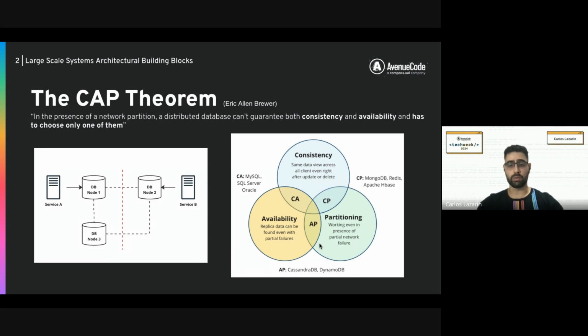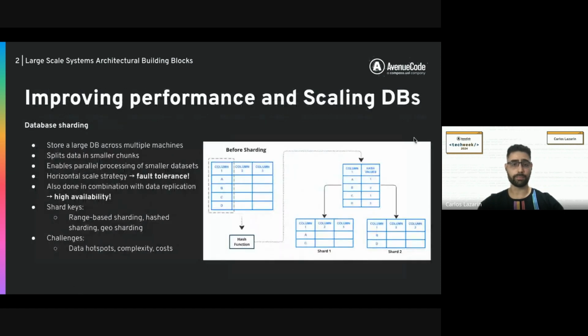You can go to Cassandra DB or DynamoDB. Those DBs provide this kind of feature for us, high availability and partition tolerance. But if you want consistency and partition tolerance, you might need to choose MongoDB and Redis or Apache HBase, because, okay, if you lose a node, in this case, you might need to wait a little bit to have this node back in order to have the most updated data again, the consistency, right? This is a nice theorem to keep in mind.